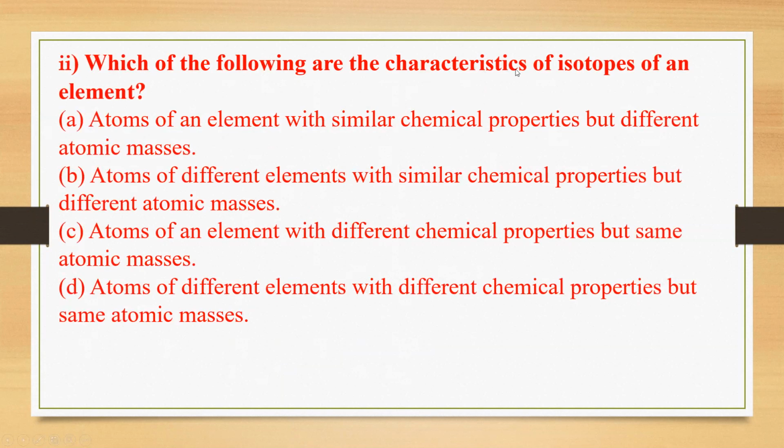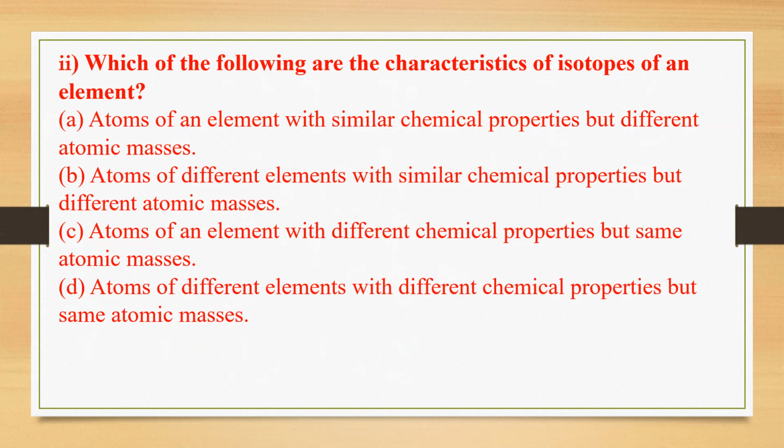Which of the following are the characteristics of isotopes of an element? Generally, isotopes are nothing but atoms with the same atomic number, but the atomic mass will be different. If the atomic mass is different, there will be a slight change in their properties. If the atomic number changes, chemical properties will change.